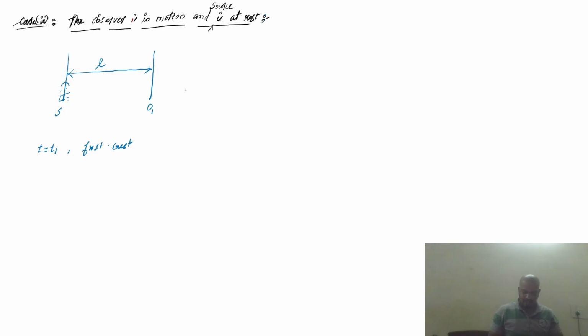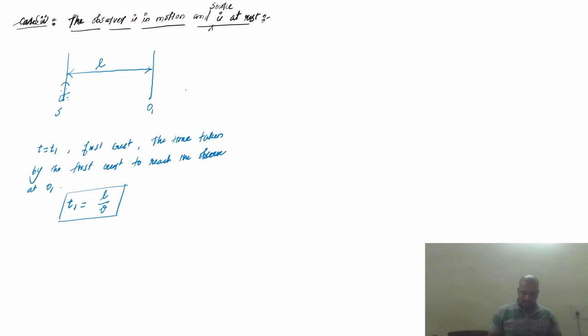So the time taken by the first crest to reach the observer at O1, because now the position of the observer is at O1, it will be equal to the time t1 equal to, again we are going to use the velocity definition, the distance traveled divided by the velocity of the sound wave. V represents the velocity of that sound wave.